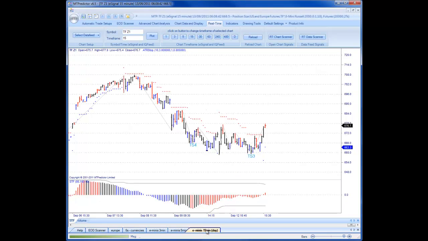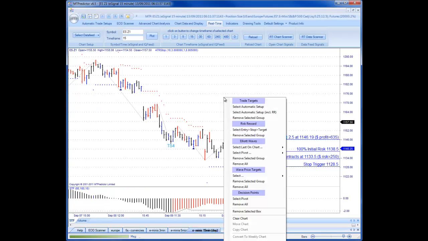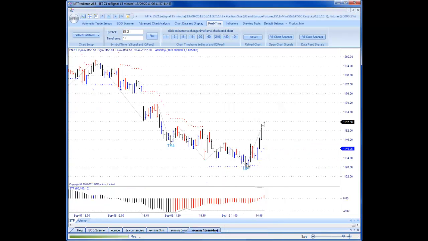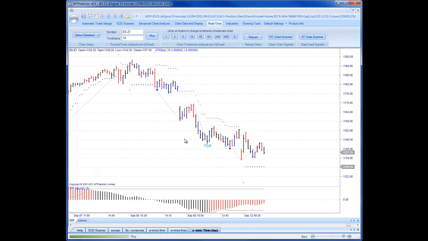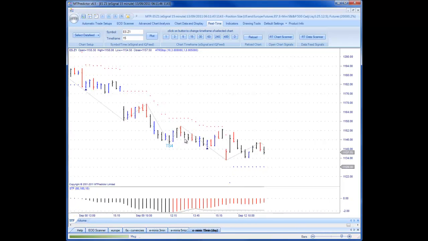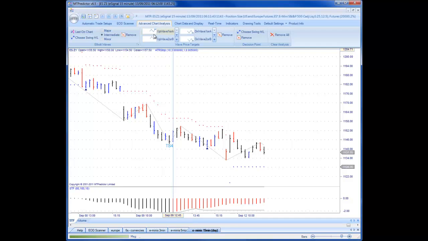So the question being is, how would you know in advance the level where support might be coming in on this 15-minute chart? Well, I just want to scroll the chart back before the markets got to the lows. So here we are at around lunchtime, about 11:45, 12:45. So here let's put a DP support on the chart. Now this is really easy. Advanced chart analysis, DP, choose swing high low.